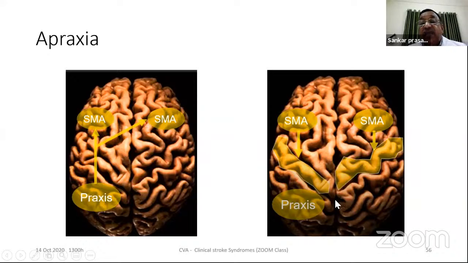If there is any disruption in this, you develop apraxia. That means there is no motor or sensory deficit, but a learned motor activity you will not be able to perform. That is apraxia. So now you see the simple diagram: praxis, supplementary motor area, and if there is a disconnection at any part, you will develop apraxia.